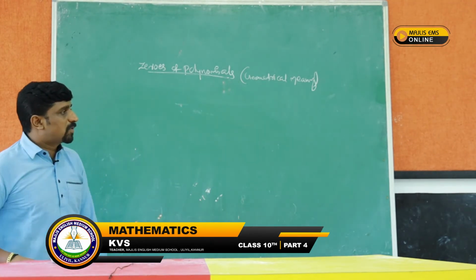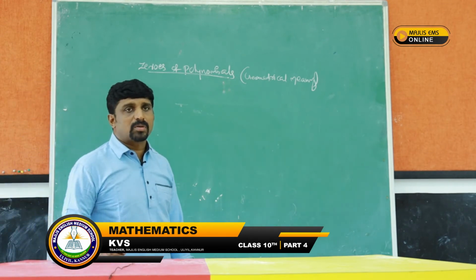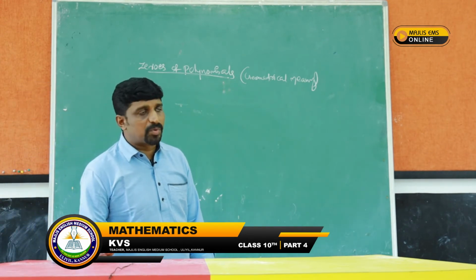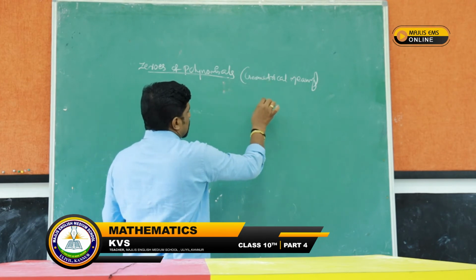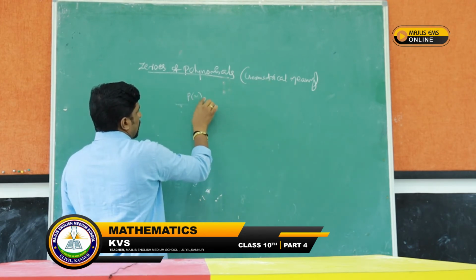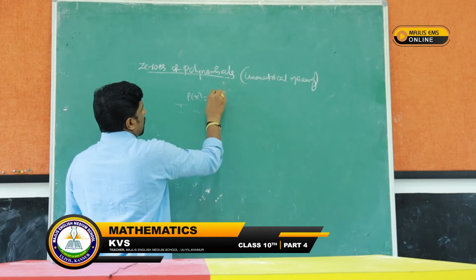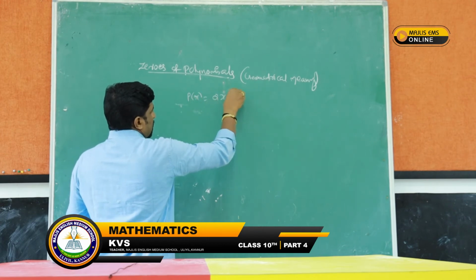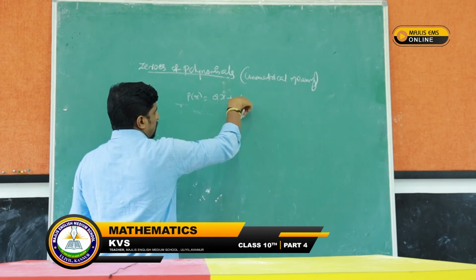When we draw the graph of the equation, suppose p of x is equal to 2x plus 4.